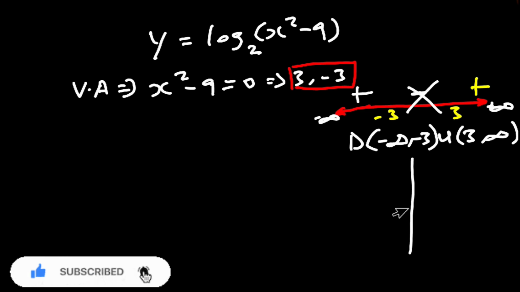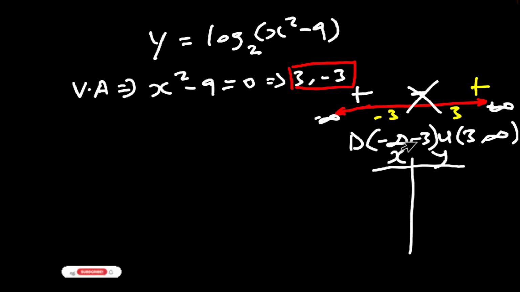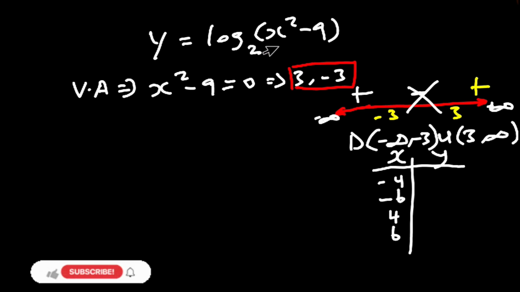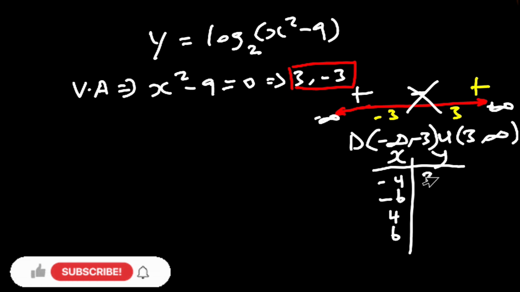Let's make a table of values, and pick numbers that are within the domain of this function. We're going to go with -4, -6, 4, and 6. If you plug in -4 into this logarithm and solve for y, we get 2.8.